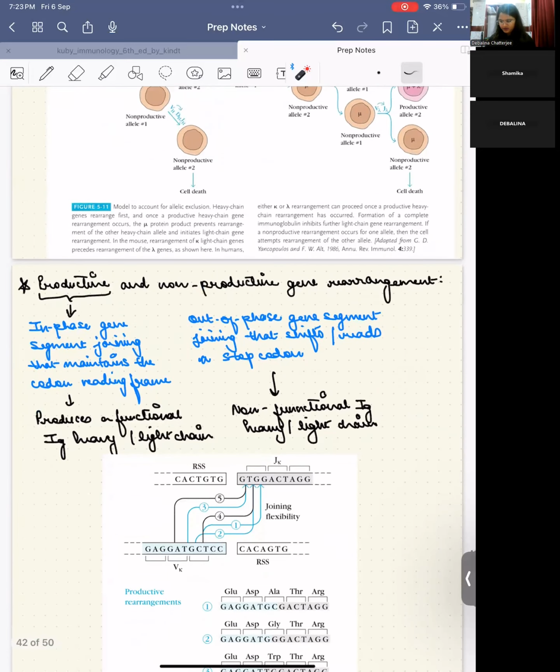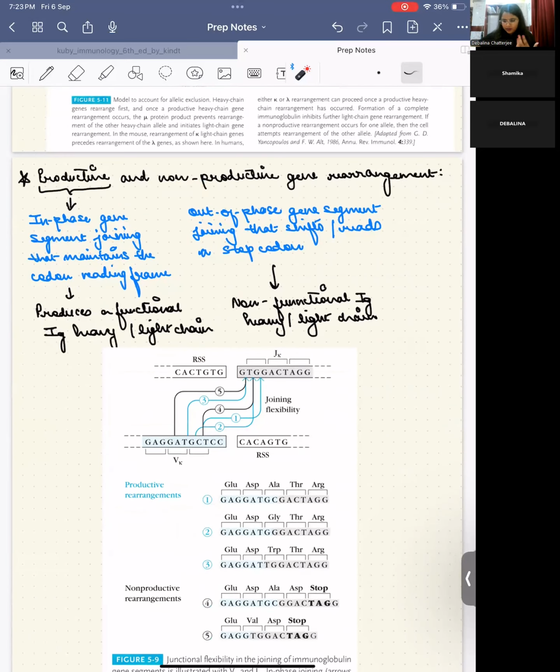Okay, so this is exactly what I was saying so far: if we have in-phase gene segments joining such that we have a codon reading frame, we have a functional heavy or light chain forming.